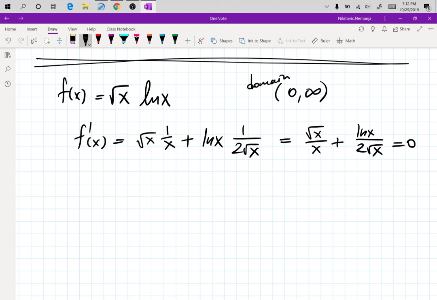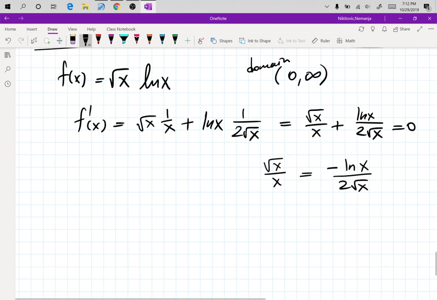We don't have to worry about dividing by 0 because 0 is not in the domain anyway. When we solve this, the fastest way is to move this one to the right side of the equation and then cross multiply to get 2x equals negative x ln x.